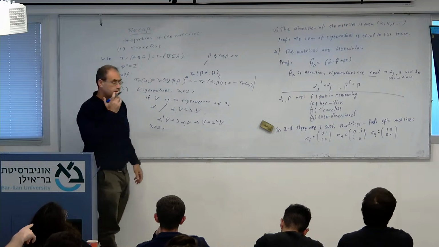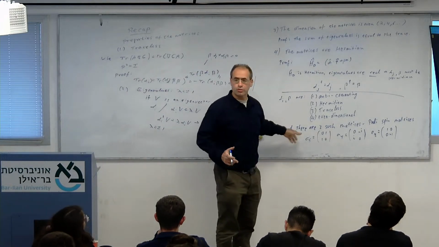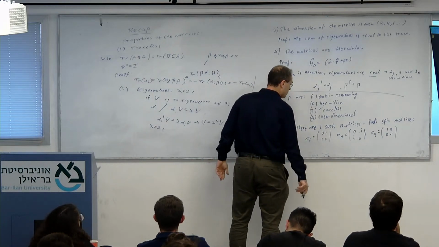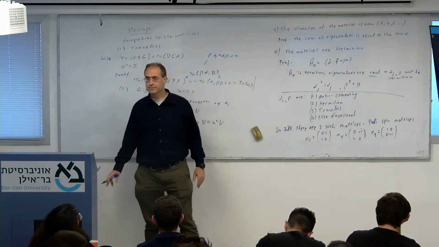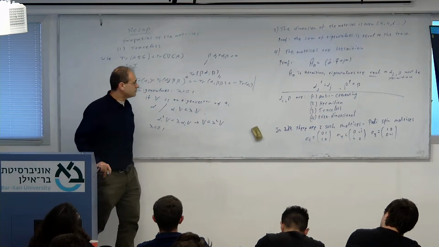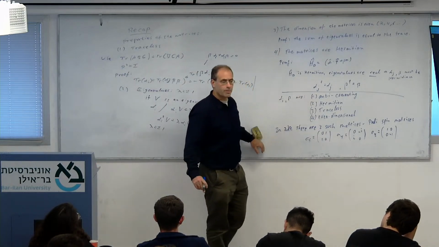So what does it mean? We have to have 4 by 4. So the minimum dimension that we can have for these matrices is 4 by 4.